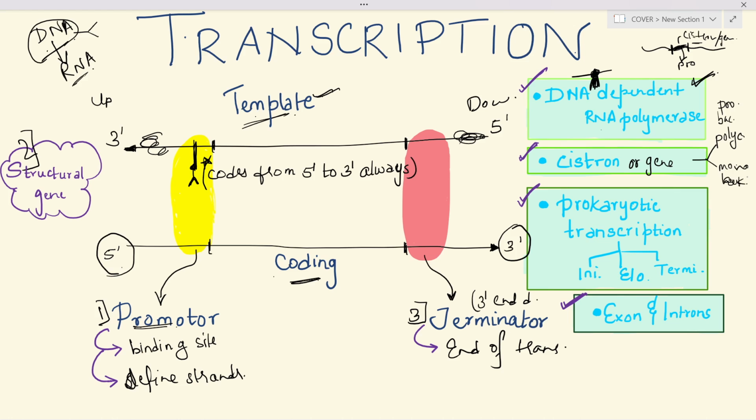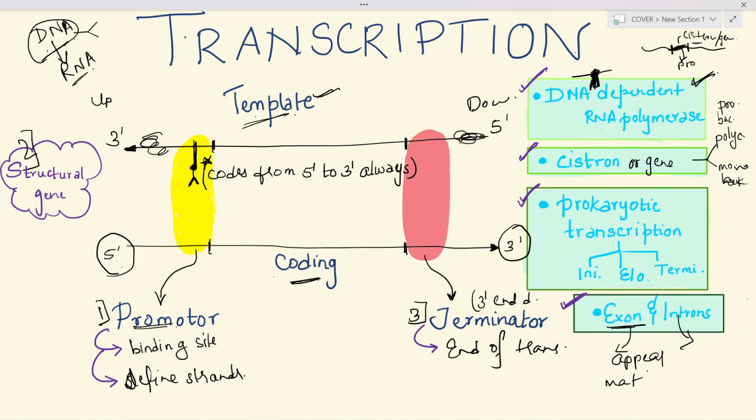So in eukaryotes only one functional segment is present which codes for a polypeptide or a protein. After that, they have also mentioned exons and introns, which are present in eukaryotes. What are exons? Exons are those parts which are functional, which are utilized or appear in mature RNA.